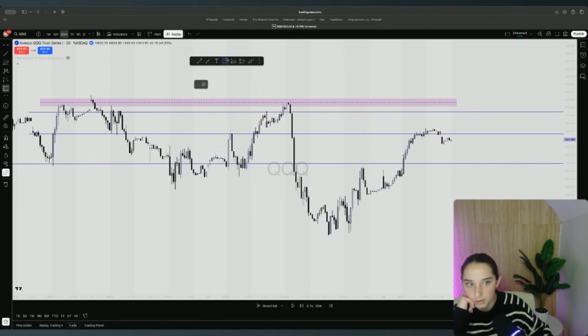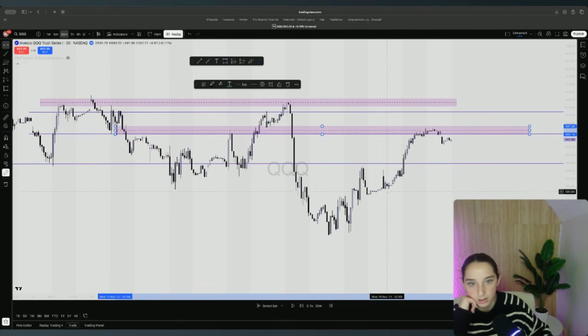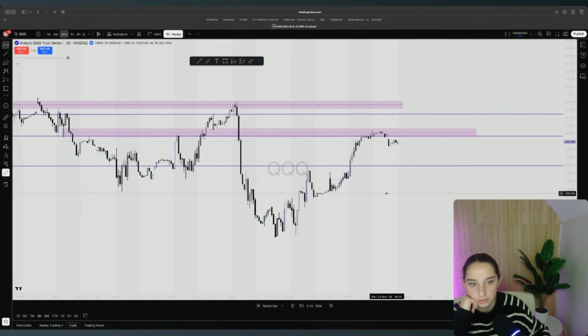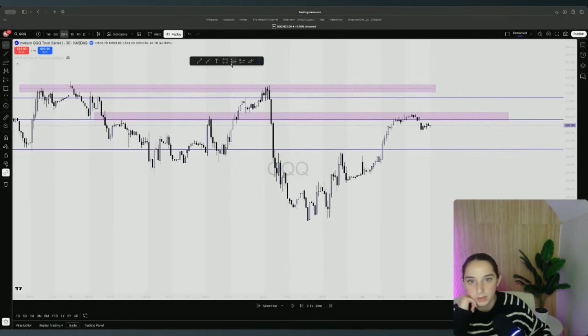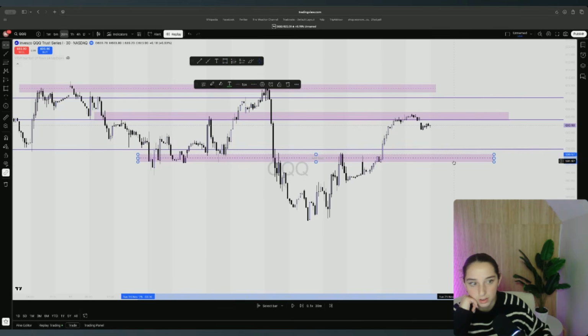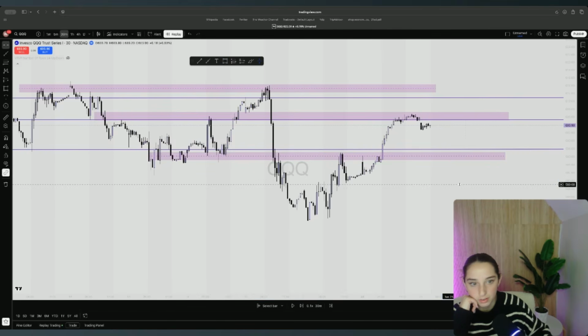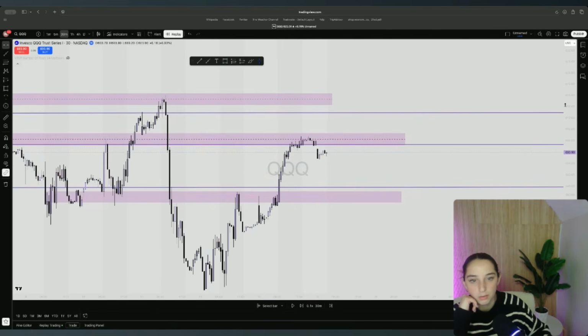And we also obviously have another supply zone up here as well, closer to 605 to 607. And then we also have this nice demand zone a little bit lower down in this little spot and area. So we have all of our levels there, and I'm going to go ahead and skip to market open.